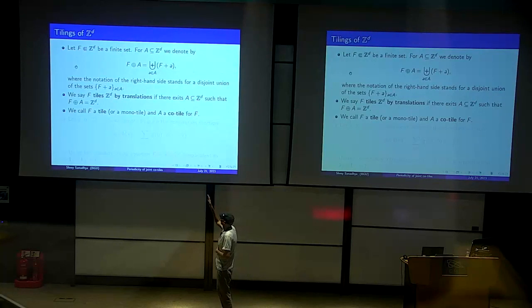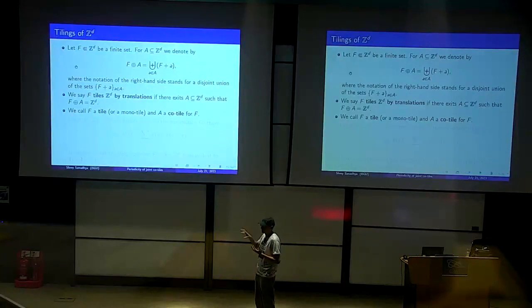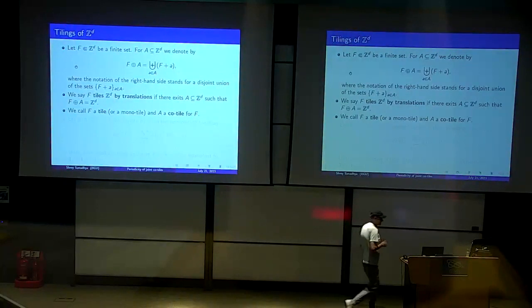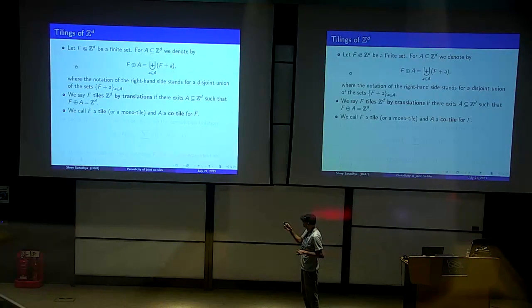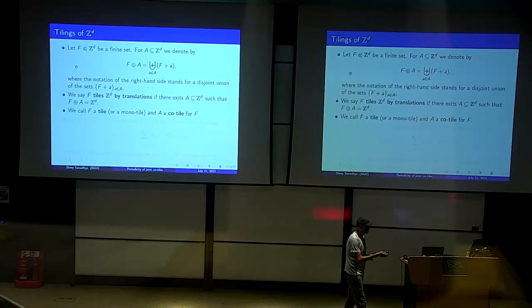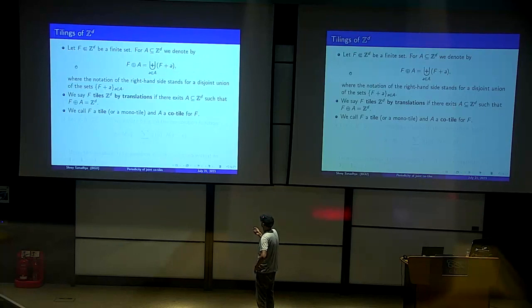By this notation, F direct sum A, I just need to translate F with elements of A. We say that F tiles Z^d by translation if I can find a set A such that F direct sum A is Z^d.